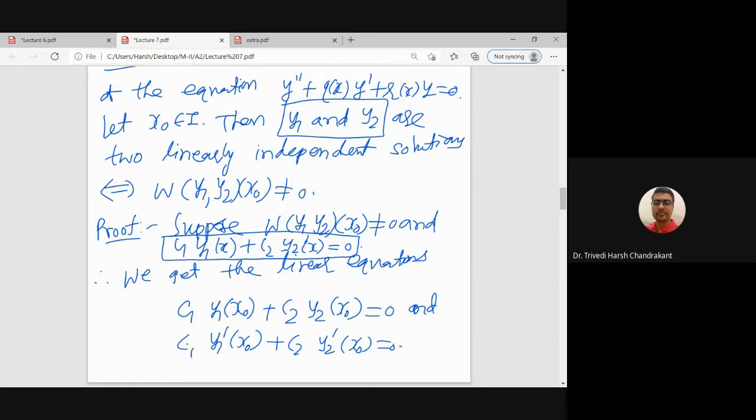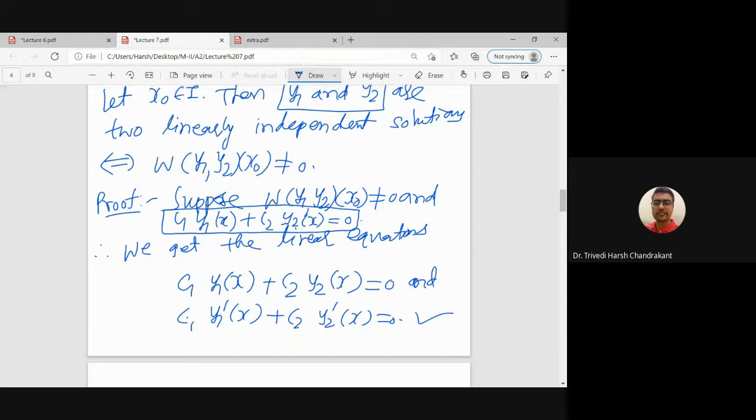So how do we get these equations? The first equation is the same as this equation, but the second equation is the derivative of this equation. As we have mentioned, first I am taking arbitrary x, but later on we are going to fix this x naught using the condition that the Wronskian is non-zero. What is our goal?